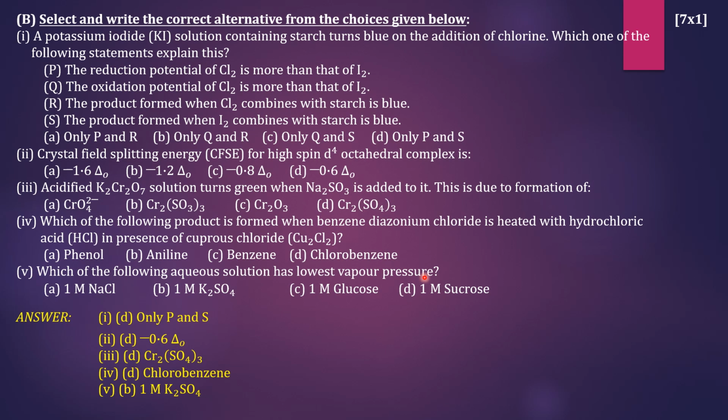That means maximum number of particles, and that will be for K2SO4, because if you assume 100% dissociation, one K2SO4 will give you 3 ions, so the effective concentration of solute particle will be 3 times, that is 3 molar. For NaCl it will be Na plus and Cl minus, so it will be 2 times. Glucose and sucrose being non-electrolyte will not dissociate, so they will remain 1 molar. So we are getting highest effective concentration for 1 molar K2SO4, and hence the correct answer will be B, 1 molar K2SO4.